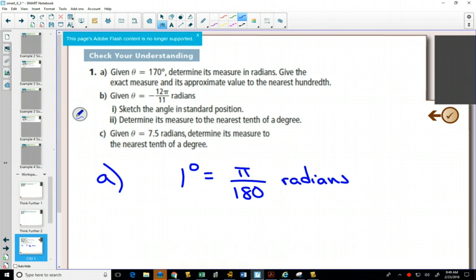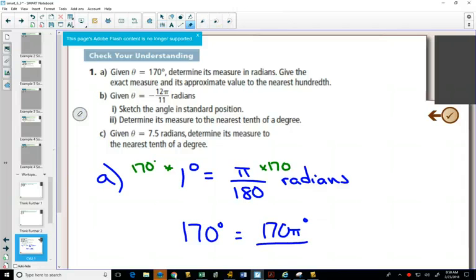So then if I wanted to figure out what 170 degrees is, I would have to take 1 degree and multiply it by 170 degrees. I would have to do the same here and multiply this side by 170. If I do that, there's no degree sign, sorry.